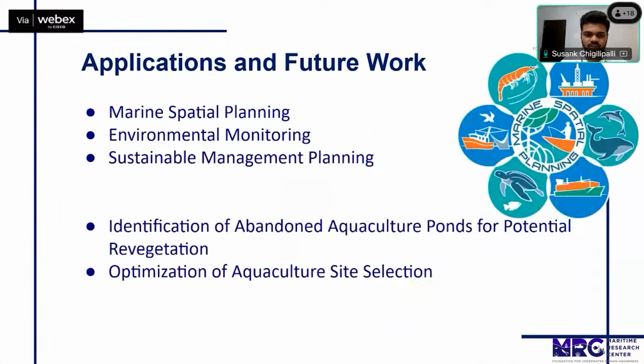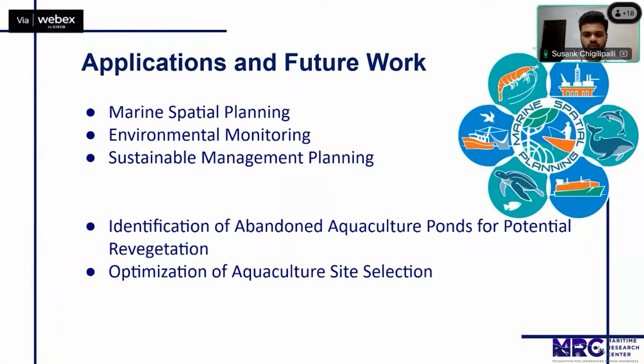So, applications. Our study helps in real-time monitoring, in assessment of human impacts, and directly helps in spatial planning for sustainable aquaculture management. Future works include identification of abandoned aquaculture ponds for revegetation and conservation of mangroves, and also optimization of aquaculture site selection.